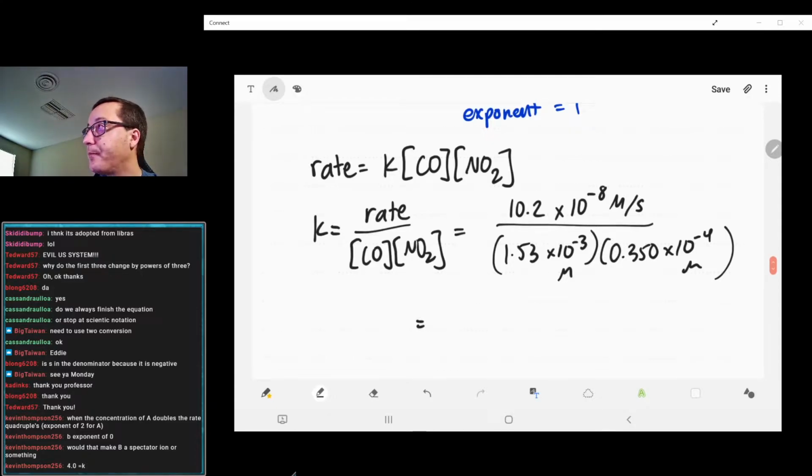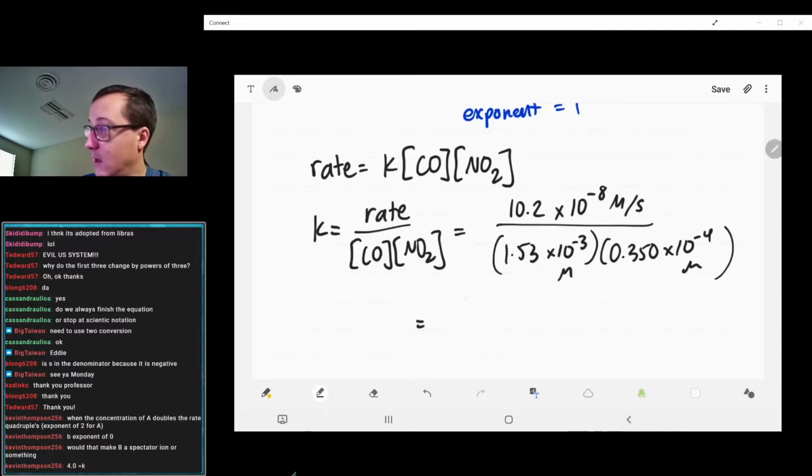Doing this, let's go ahead and figure this out. 10.2 times 10 to the negative 8th. Let's see if Kevin can beat me on this. Divided by 0.35 times 10 to the negative 4.